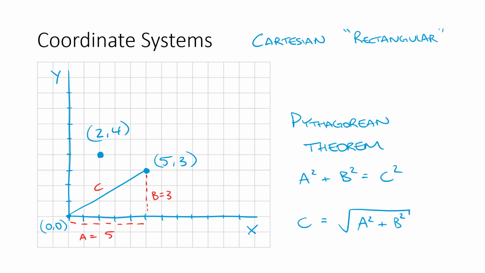Cartesian rectangular coordinates is just sort of like left, right, up, down. It's very simple. Next to the point is typically where we'll put the coordinates for the point. So the coordinates for this one right here is going to be how far it goes left, right: positive 2, and then it goes up 4.